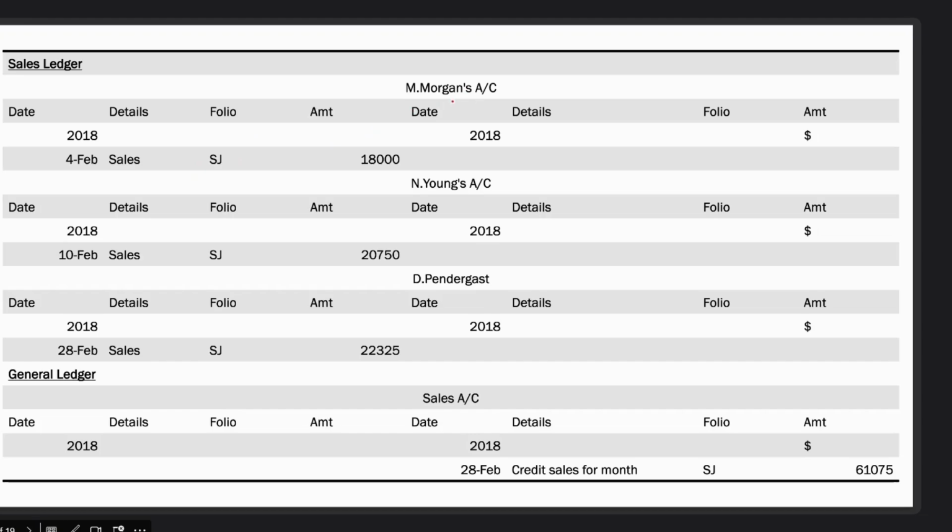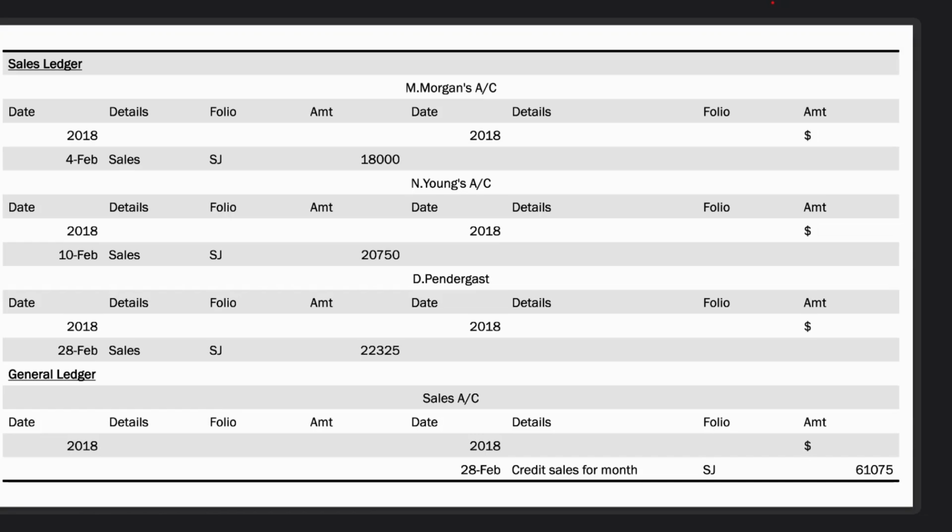And it would be a debit to M. Morgan's account. Since M. Morgan is a receivable, we know that receivables are assets. Now, since receivables are assets, we know that assets should be debited when there's an increase in the value of the asset. All right.